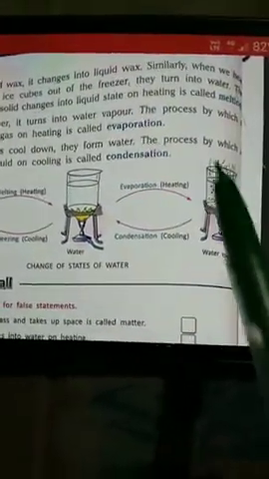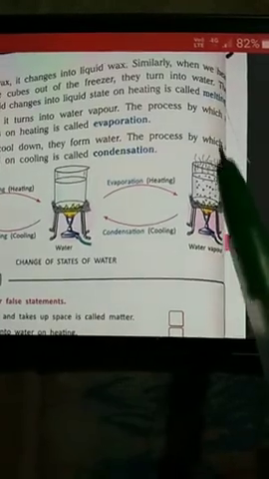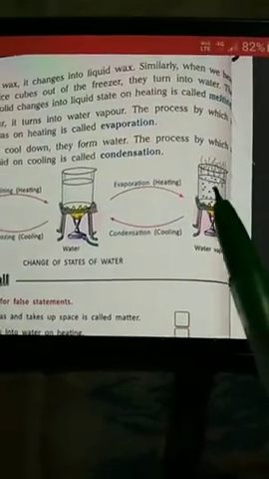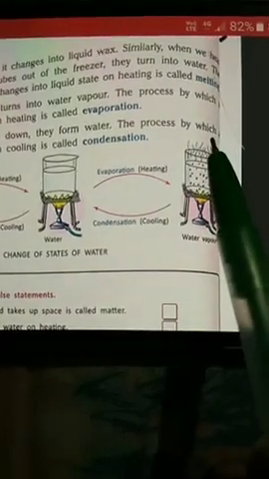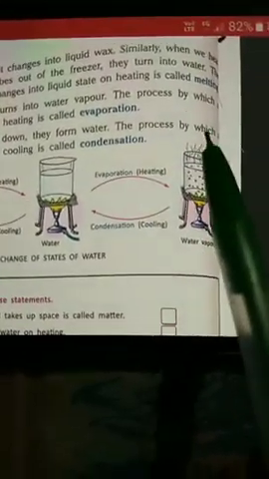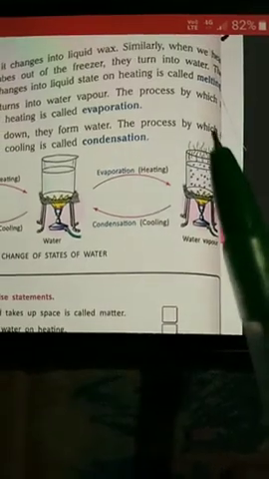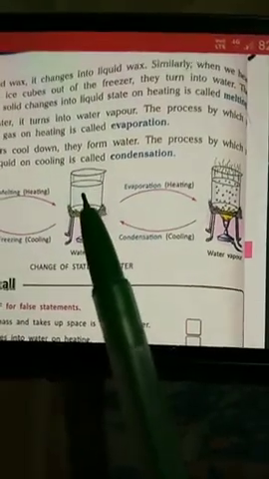When further heating is done, the water converts into water vapor. But when we place a lid over it, the water vapor touches the cold surface of the lid and cools down. So again we come back to the liquid state.